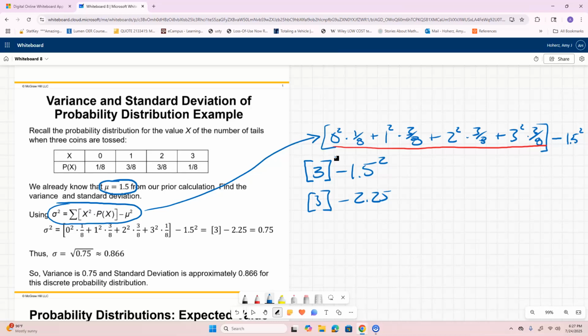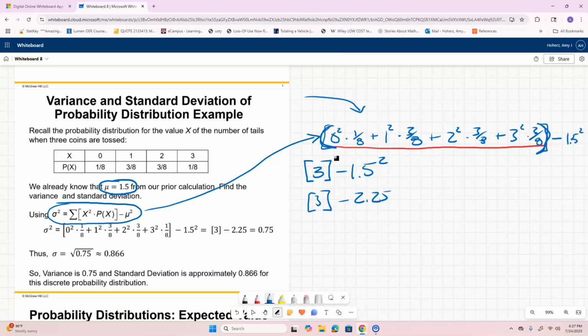With that being said, you could put this all into your calculator at once if you wanted to, as long as you made sure you put parentheses around this part. So you could do parentheses 0 squared times 1/8 plus 1 squared times 3/8 plus 2 squared and so on. I like to get what's in the parentheses and then subtract the mean, but if you're afraid you'll forget it, just go ahead and put it all in your calculator at once, and make sure you put the parentheses in.